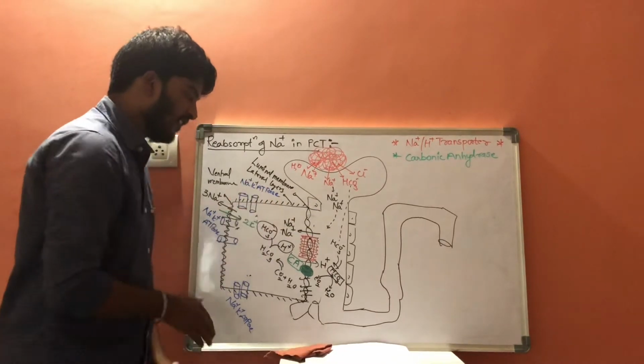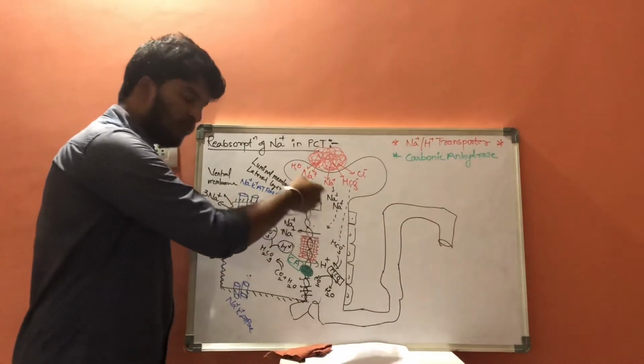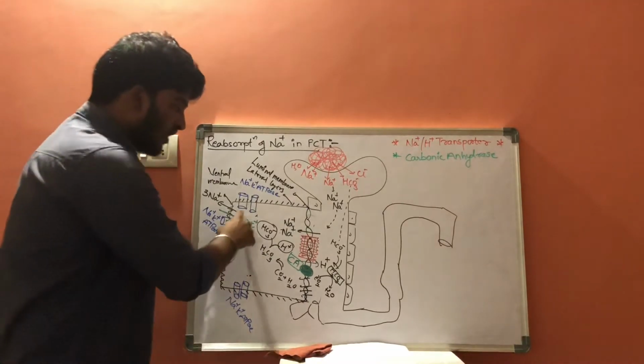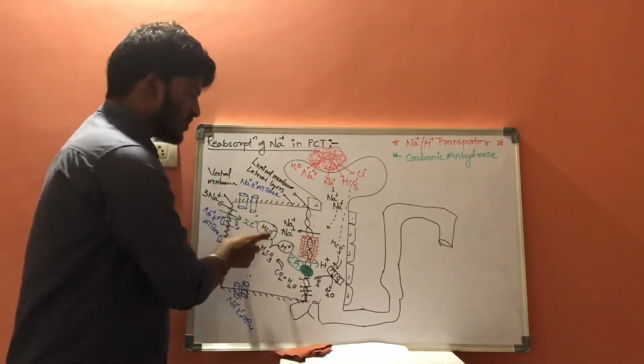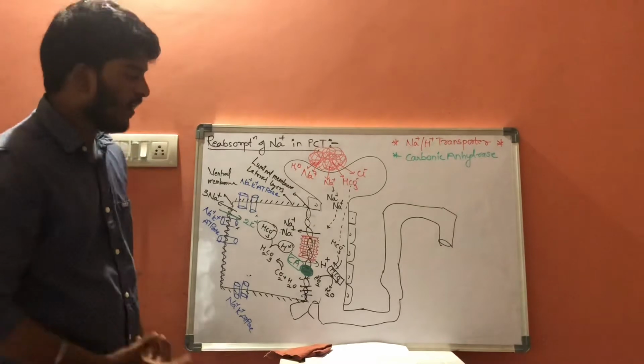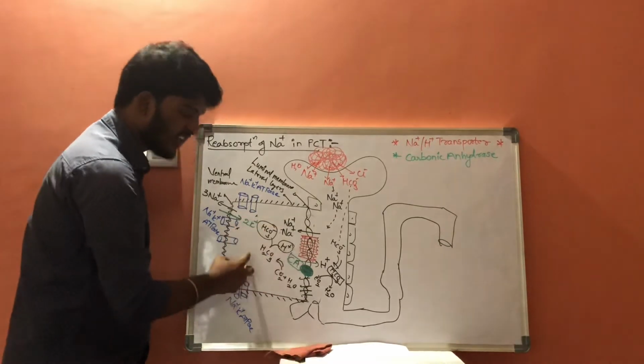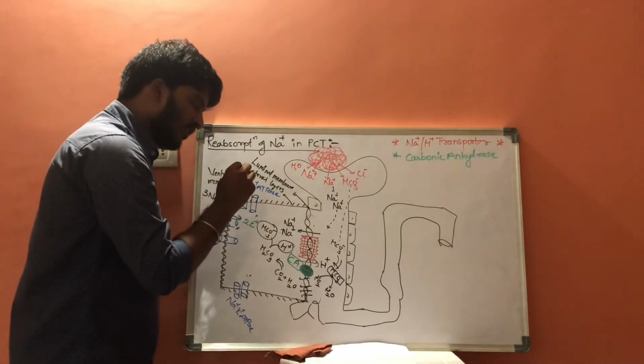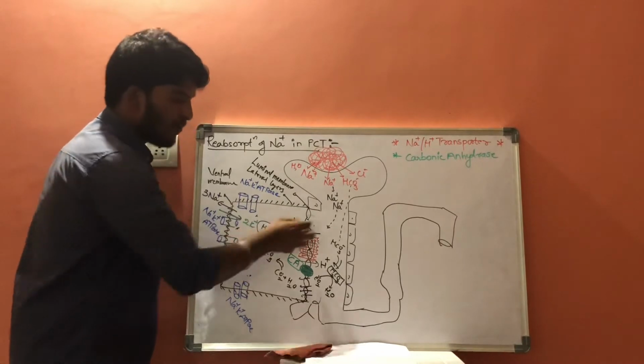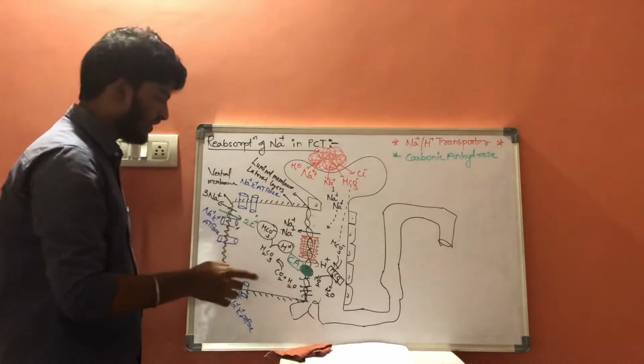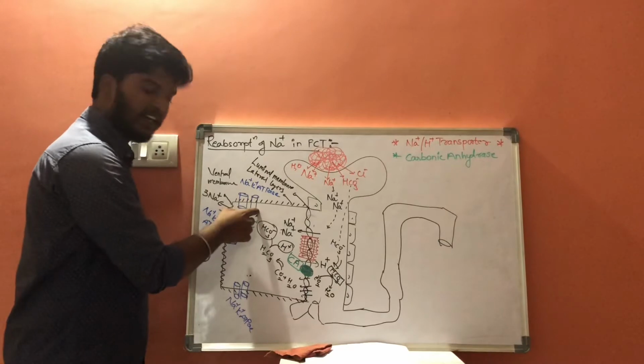If sodium has to move from outside to inside, the concentration within the cell must be lower than that of the lumen. How is the concentration within the cell maintained lower? With the help of the proteins called sodium potassium ATPases.